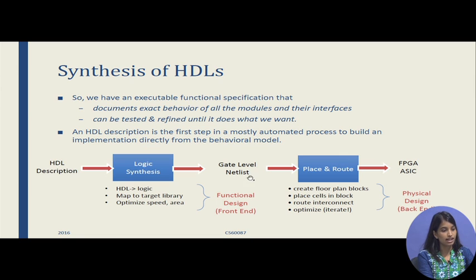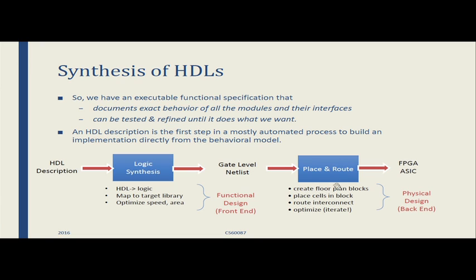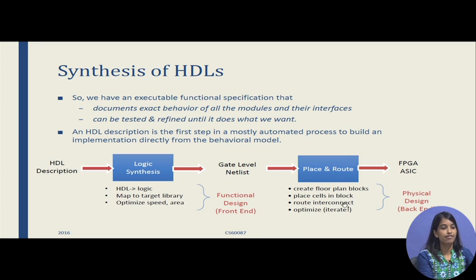So the gate level netlist is placed and routed to an FPGA, to a particular device. How we do that is, for example, if we are making a big building, we have floor plans architecturally. Like that, once we have the small blocks that have to be made for the digital system, we make a floor plan of the whole system, and we place particular modules in particular places on the hardware, which is basically our space where we will put the design.